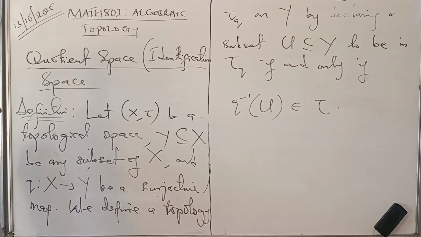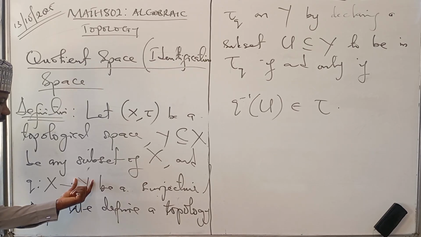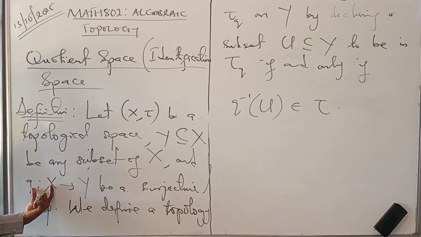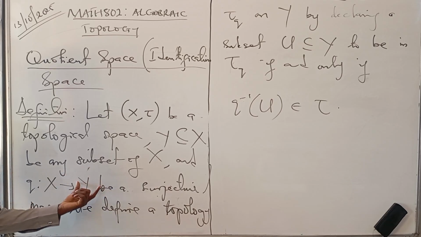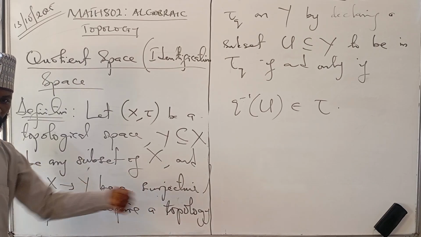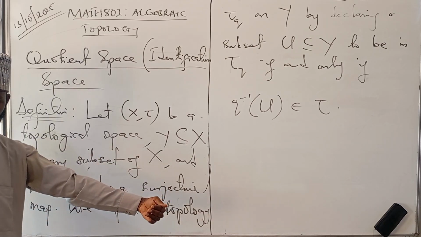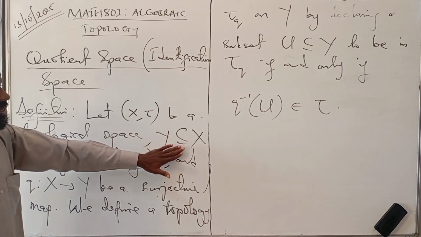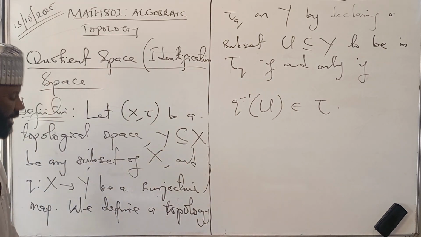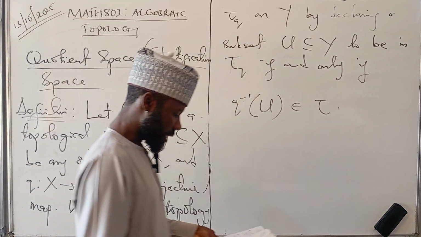I hope it's okay. You can always take a collection of subsets in Y whose pre-images in X are open, and then that collection will describe a topology on Y. So any set whatsoever, once there is an onto mapping from a topological space onto the set, it will work. So actually this condition is not very necessary in defining this concept.